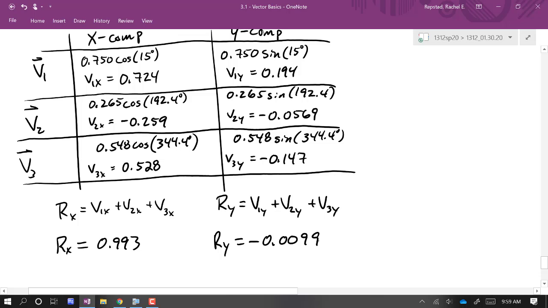So this vector is almost all x component. It's really close to the positive x-axis, but a little bit below it.